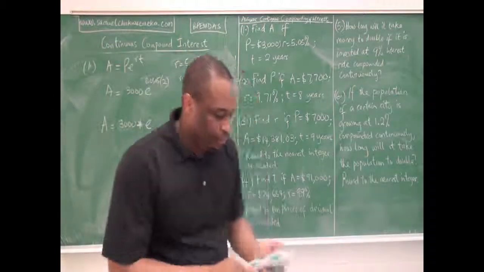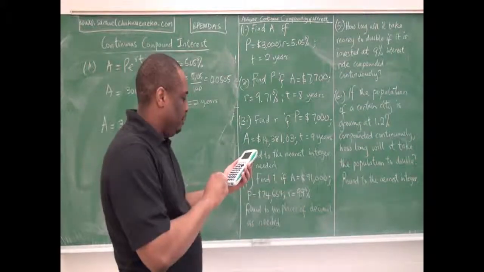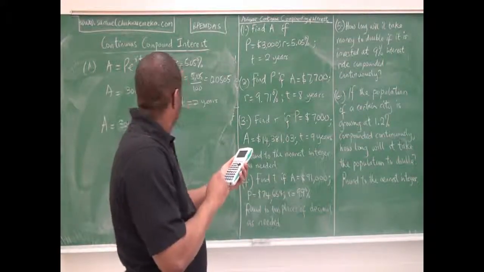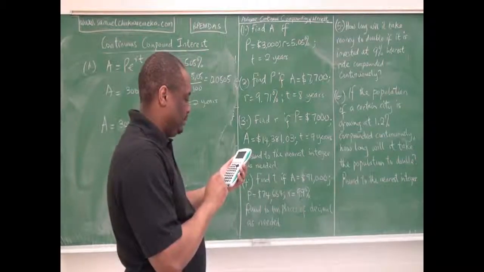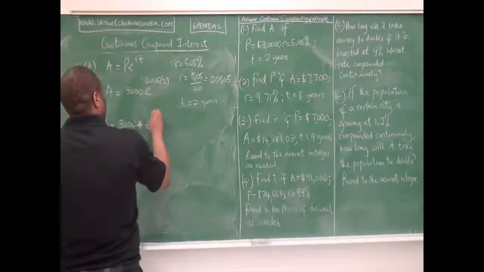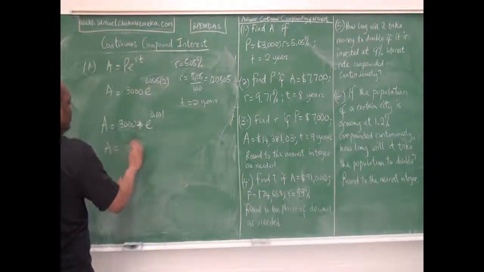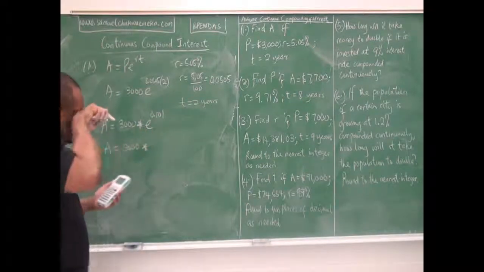So, go to our calculator. We do 0.0505 times 2. It gave us 0.101. So you now do A will be 3,000 times e of this.